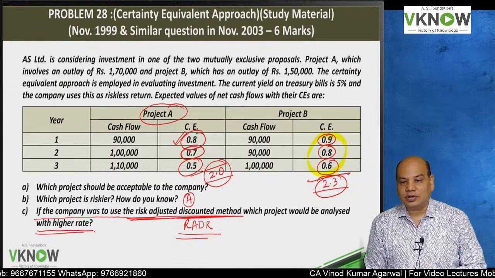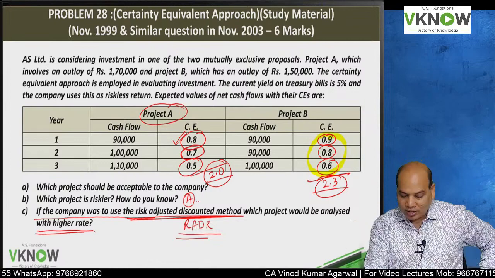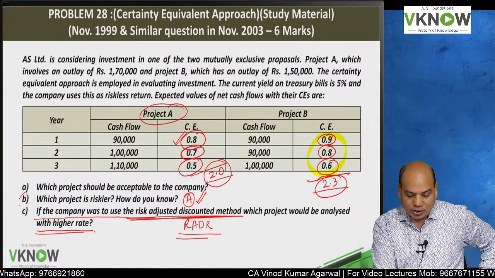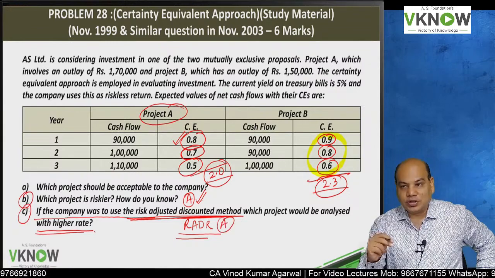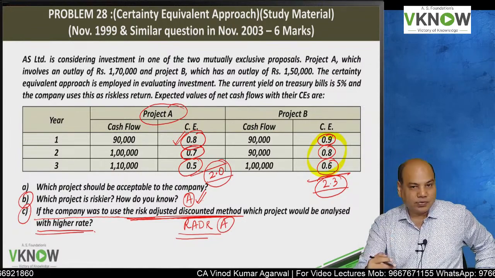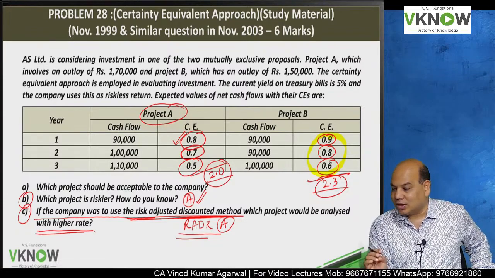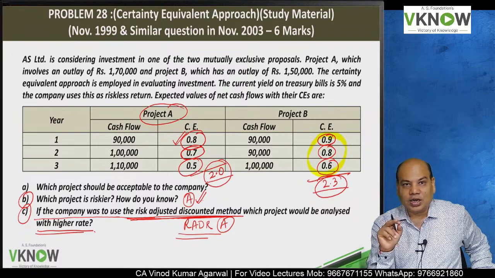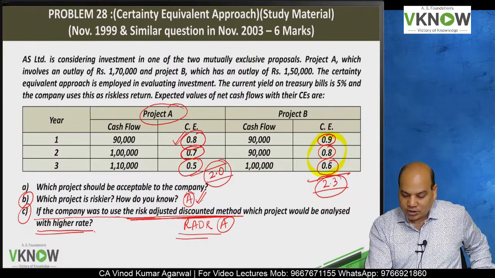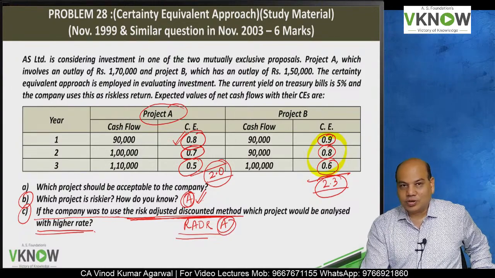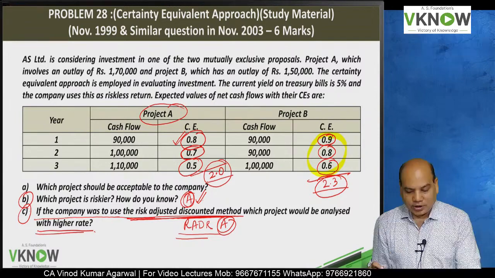The answer is again the same. If you are saying A is riskier, in answer B, you have to again answer A, because the one which is riskier will be discounted at a higher rate. So answer of B and C are same. They have only asked the same question in different way. You can't have answer A here and answer B, then you are contradicting yourself. So answer A is right.